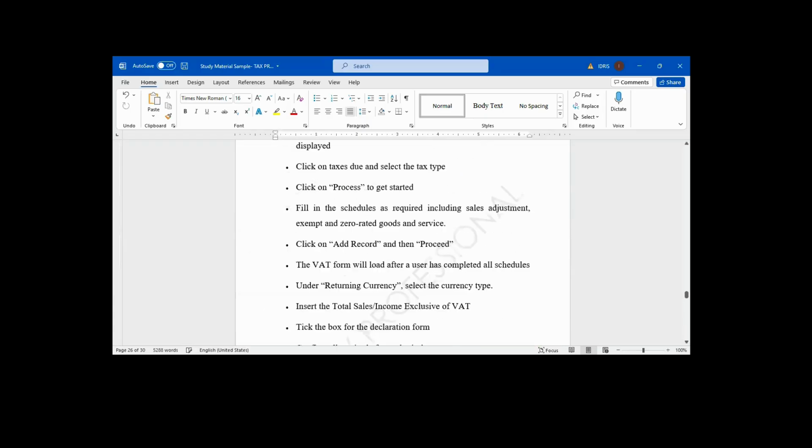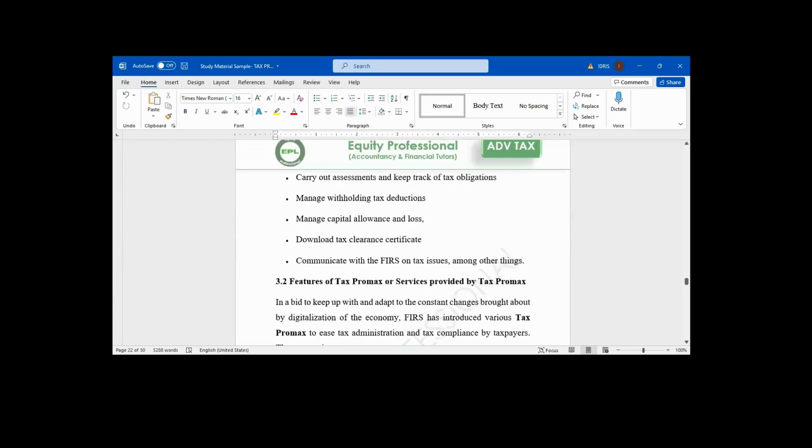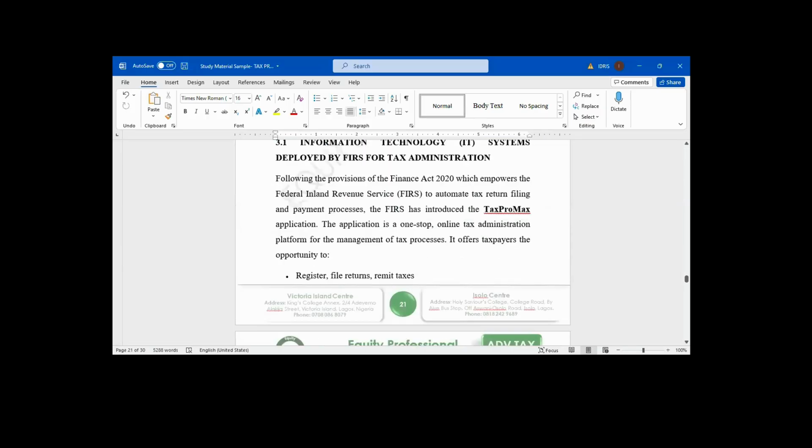Tax Promax was introduced by Finance Act 2020, which mandates FRS to use software for running of the tax administration.